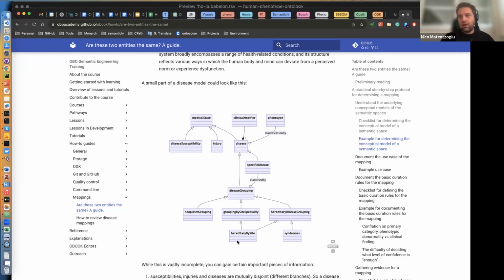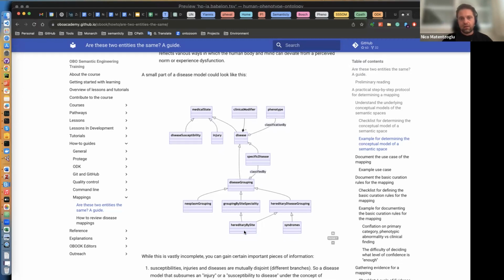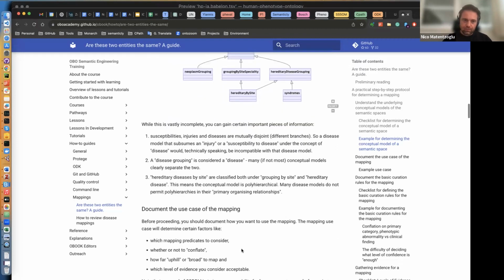And there are actually also diseases that are grouped by both of these. So this gives you a sense that there are poly-hierarchies here as well, and that diseases aren't mono-hierarchical, like in the sense of ICD-10.